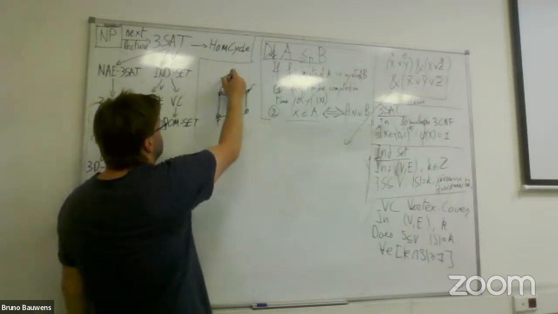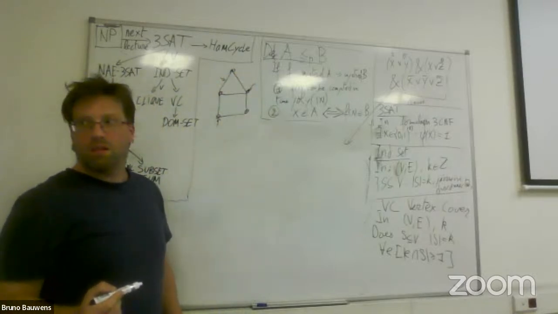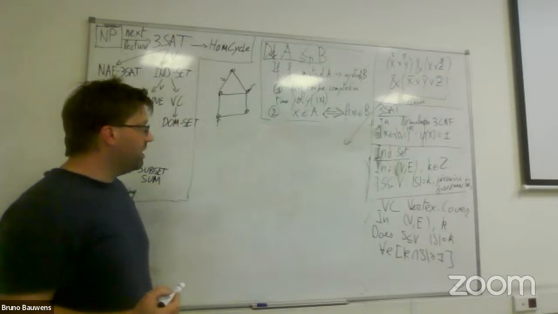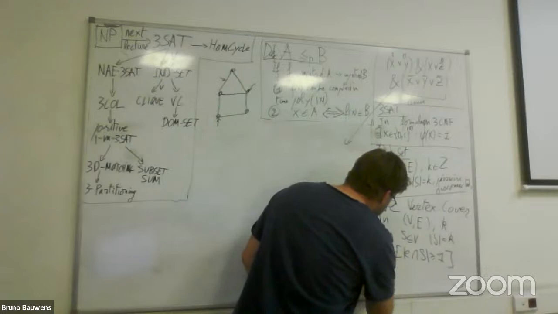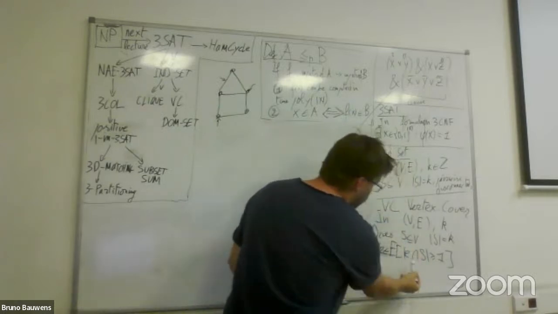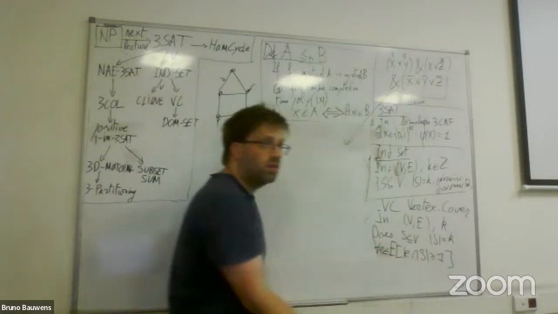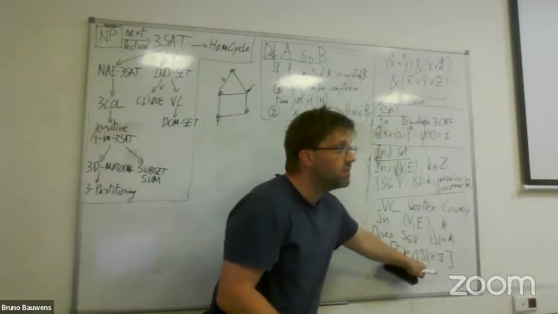No, this one is not covered. Do we cover every edge? Yeah, every edge. Sorry, I didn't write it clearly. For every edge in E, an edge is a 2-element set, right? An undirected graph. So does the edge intersect S?